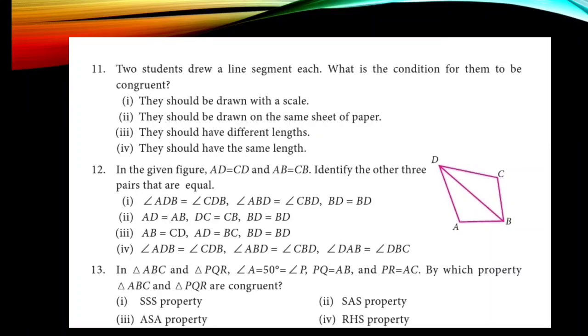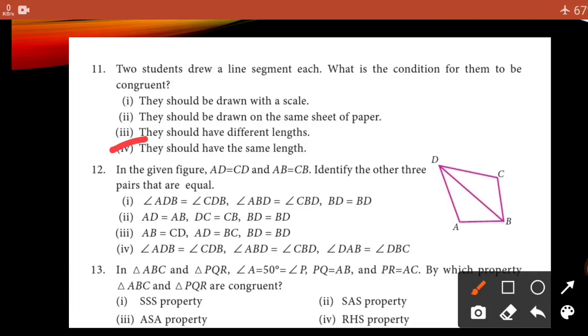Second option, they should be drawn on the same sheet of paper. Third option, they should have different length. Fourth option, they should have the same length. Already we learned that if two line segments are said to be congruent, then they should have the same length. So our answer is the fourth option, they should have the same length.